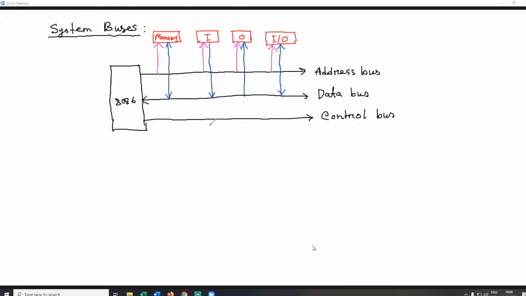After that, let's move to the control bus. In control bus, control signal will be sent from the processor to the peripheral. So this control signal goes from processor to the peripheral. For input also, control signal goes from the processor to peripherals.